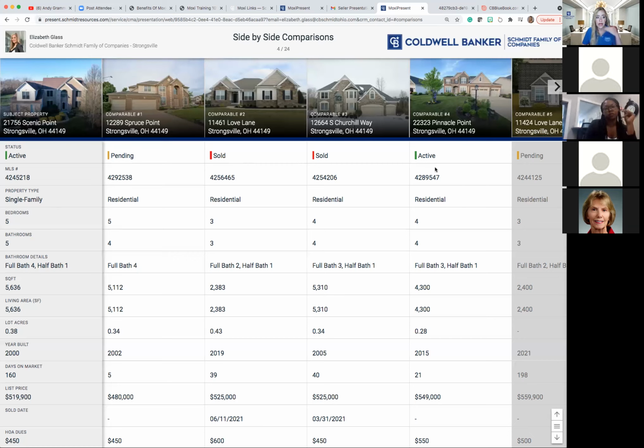So as a client, when I'm starting to look at what my value is, what happens is you start to allow them to feel like they understand the market versus you just telling them verbal words what the market is. So let's pretend that Joel, look at his list price, $519.9.